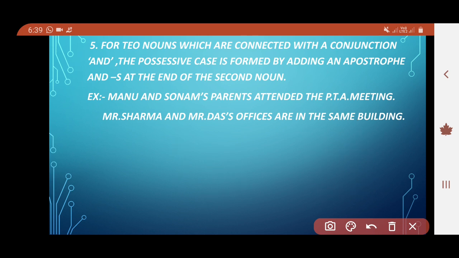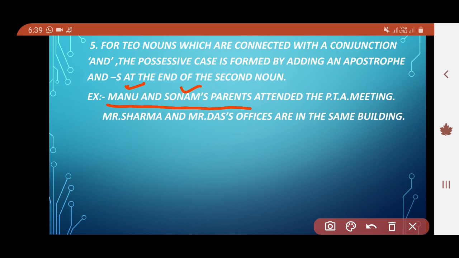Okay, students. Manu and Sonam's parents attended the PTA meeting. So what is PTA? Parent teacher meeting, yes or no? So Manu and Sonam's parents, that means here 2 nouns are used, that is Manu and then Sonam, yes or no? But these 2 nouns are connected with what? This conjunction and, yes or no?